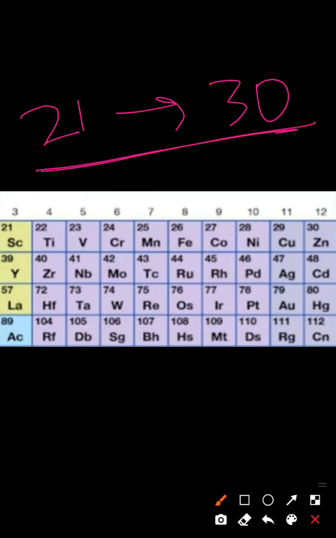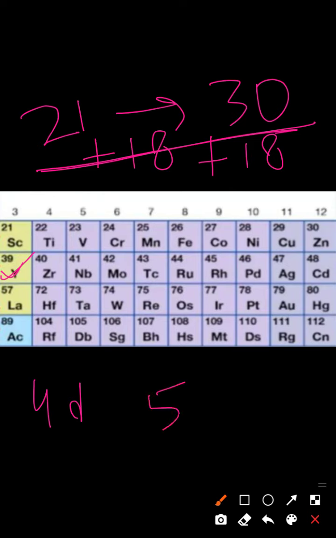Now if you add 18 to 21, you get 39, which means your next series, the 4d series, will start. If you add 18 again, you get 57, and the 5d series starts from here.